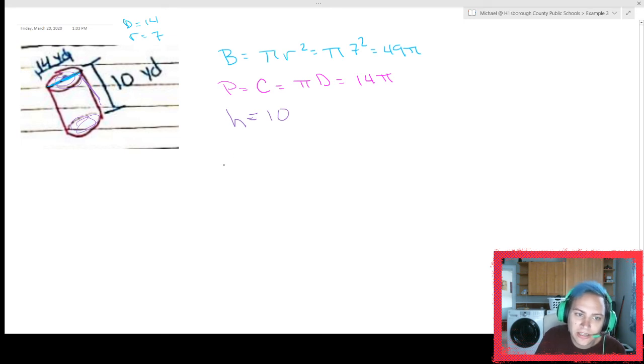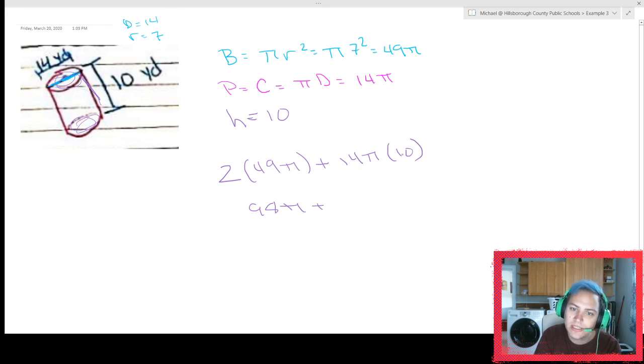And I'll plug it all in. 2 times area of the base, so 2 times 49 pi, plus the perimeter times the height, so 14 pi times 10. Simplify what I can here. 2 times 49 is going to give me 98 pi. 14 pi times 10 is going to give me 140 pi. And since they both have a pi attached to those, I can add those together. 140 plus 98 is going to give me 238 pi.